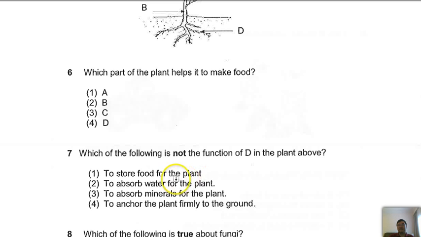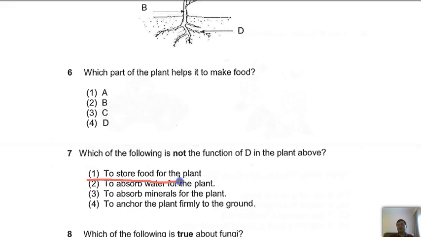All right, so this can be a function. To absorb water for the plant, it is a function. To absorb minerals for the plant, is it a function? To anchor the plant firmly onto the ground, it is a function. So we have been left with the obvious one out, which is number 1.